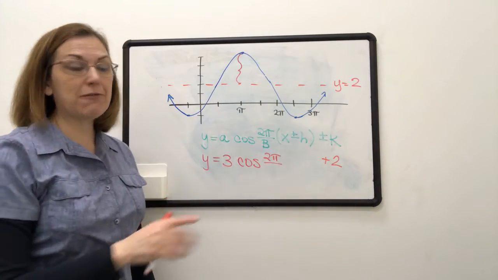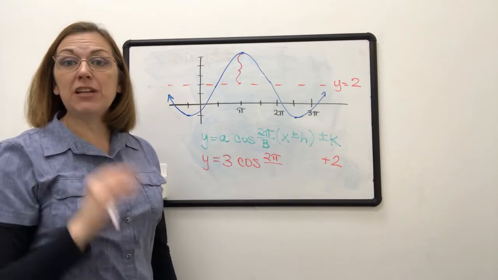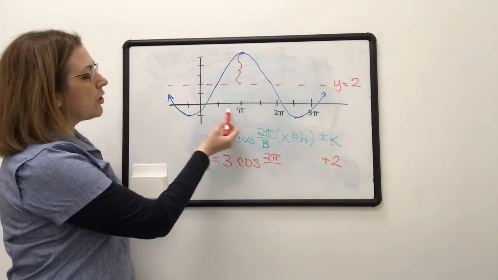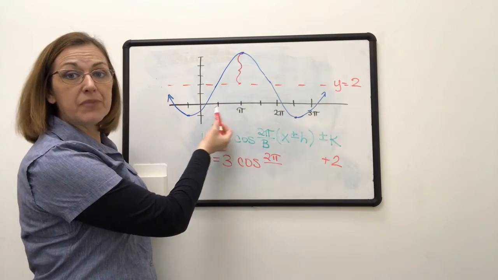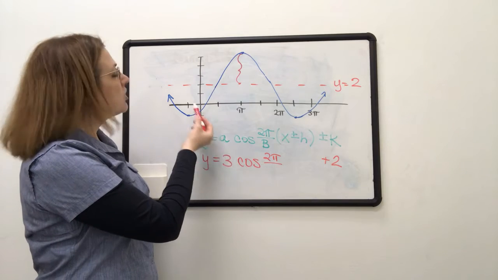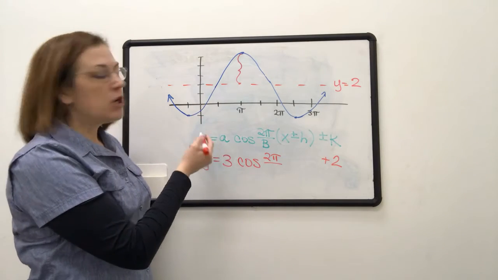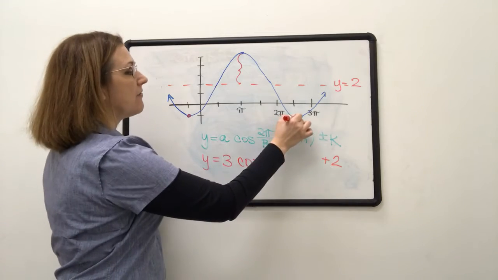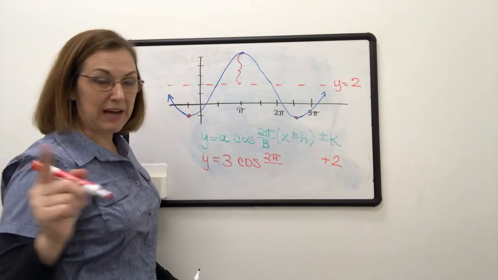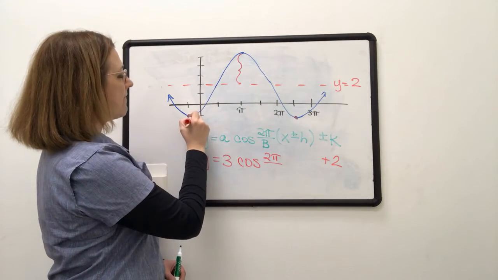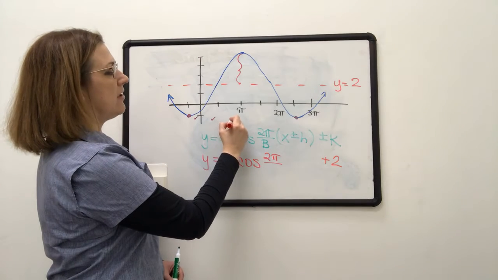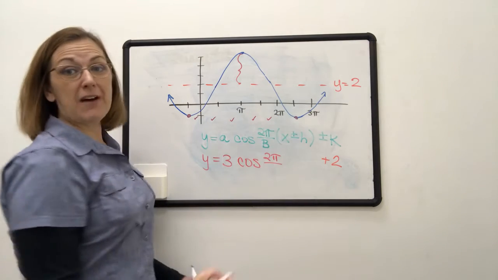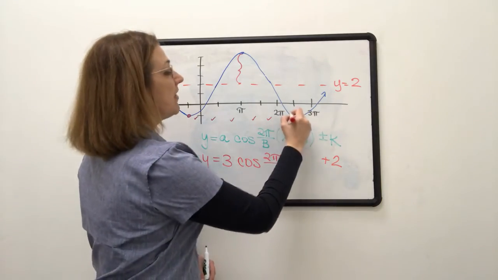I just have to be careful because my axes are labeled in radians. You'll notice that it takes me 2 increments to get to pi, so I know each of these is half a pi. So let's count from one valley to the other valley, but remember we've got to count by half a pi's. So that's half a pi, a whole pi, 3 halves pi, 2 whole pi's, 5 halves pi, and then 3 pi.